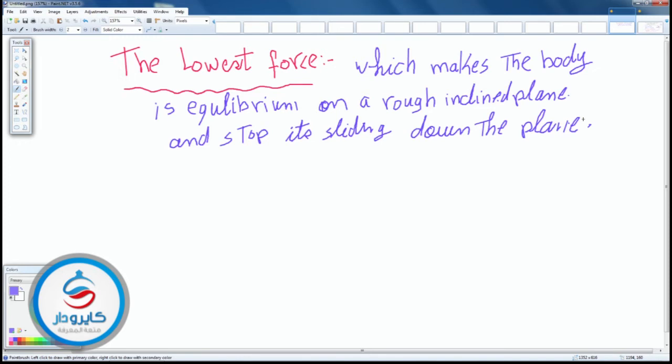Then what's the meaning of the lowest force according to the inclined plane? It is a force which makes the body in equilibrium on this rough plane, keeping it from sliding downward the plane. So we have another definition, which is the greatest force. As we have the lowest force, now we have the greatest force.